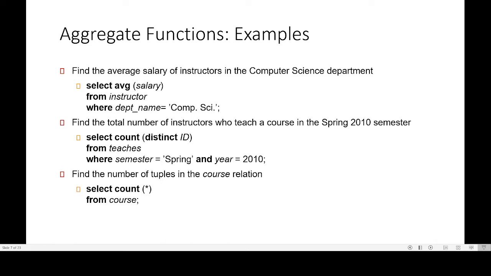So we can use select count, and the moment we give the star, it will be counting all the rows. So we can give count star from course. That means we are counting all the rows, the number of rows present in the table course.